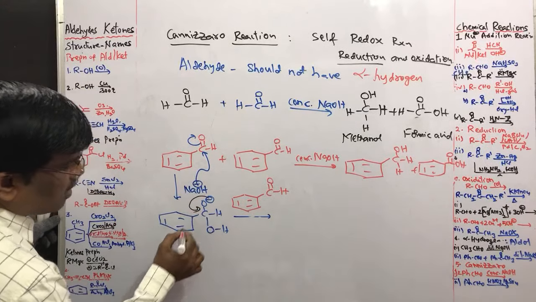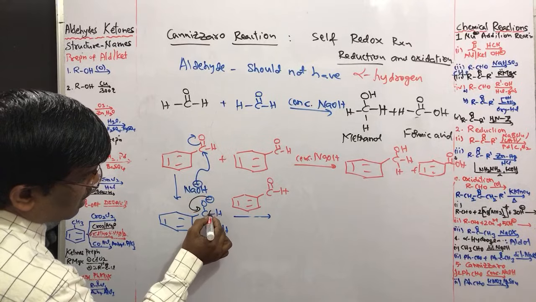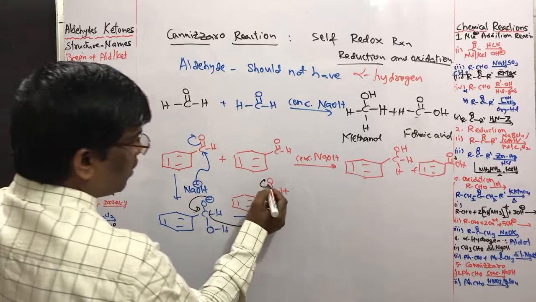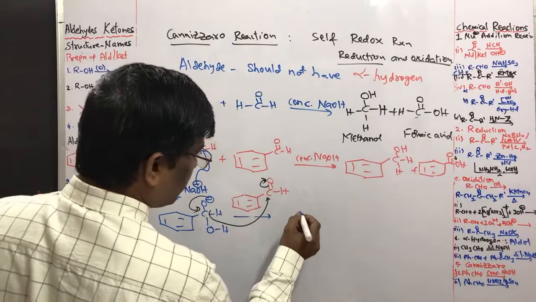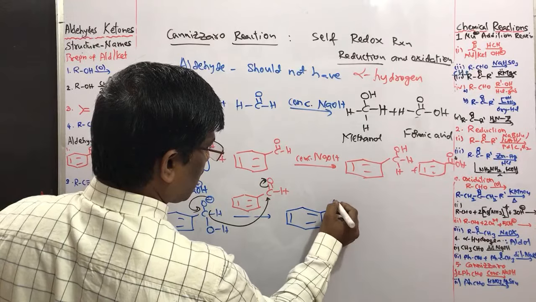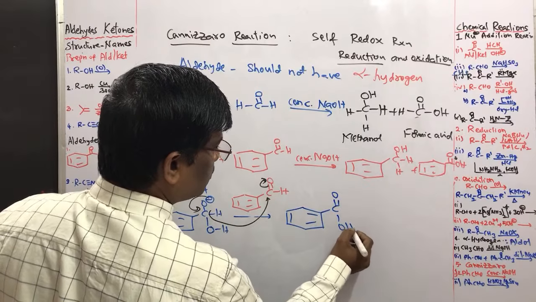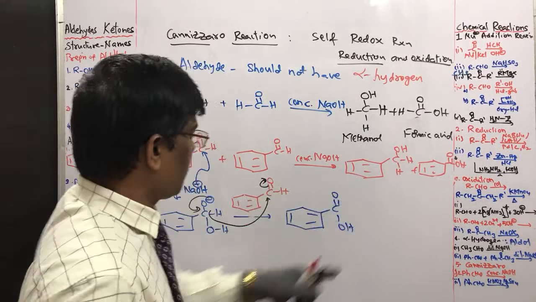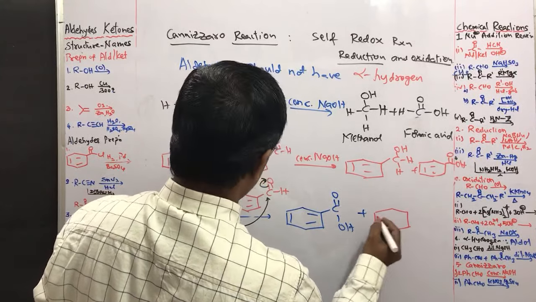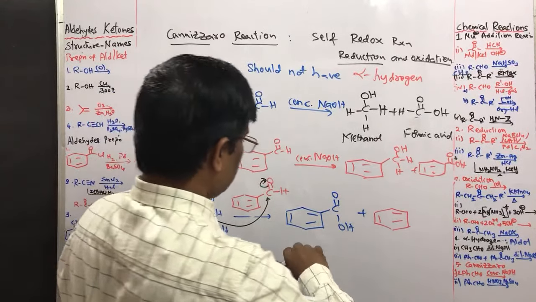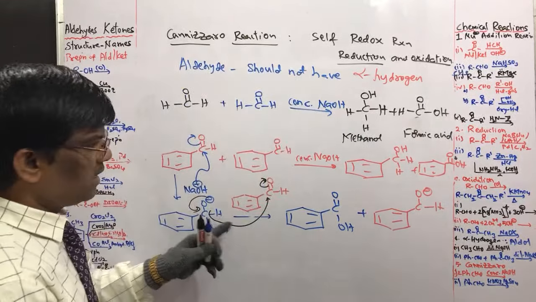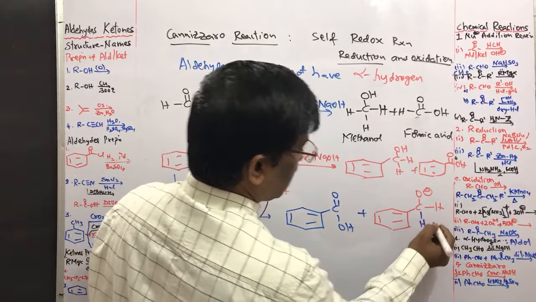This O minus comes back, and this hydrogen along with its bond pair is going to add to another carbonyl compound to give the acid already formed here, plus this is O minus, and one hydrogen is already there, and this hydrogen is added here.